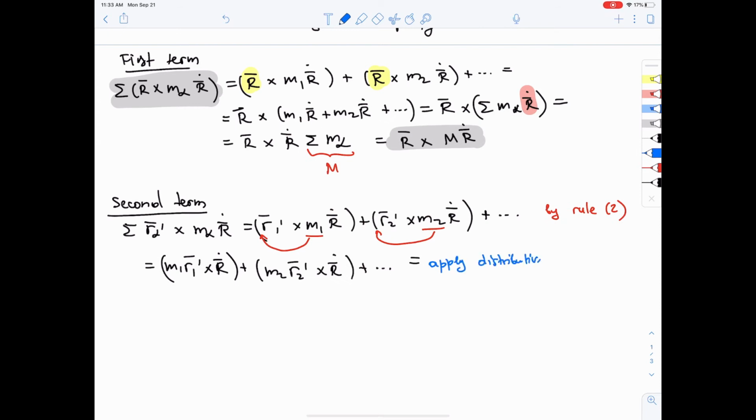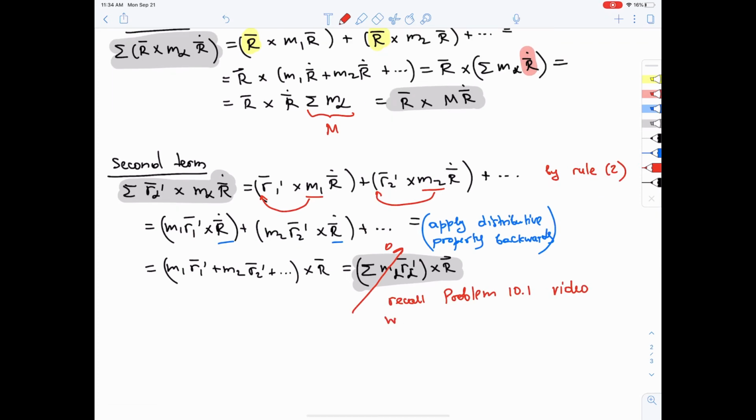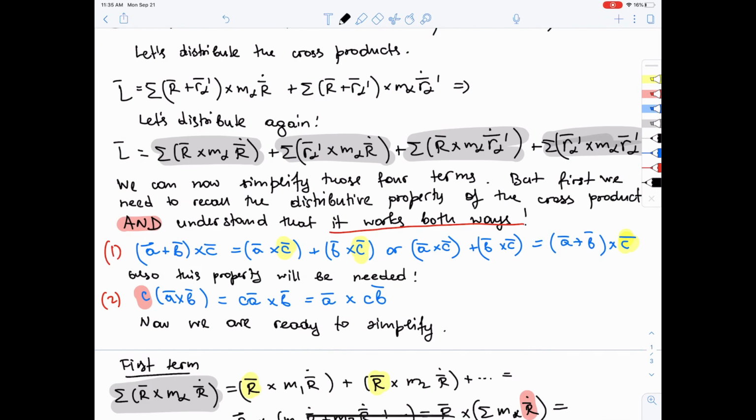We can rearrange it like this and then apply the distributive property. We can now take the R dot out separately, and combine the sum of the mass and position vector products to get this expression. But this is 0, because recall the problem 10.1 video I did earlier, where we showed that this is 0.